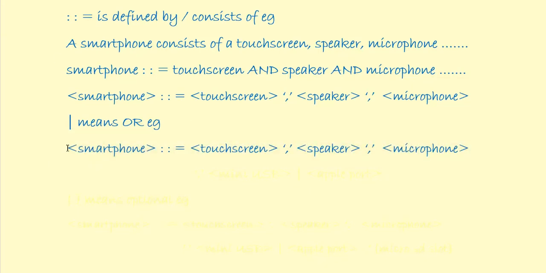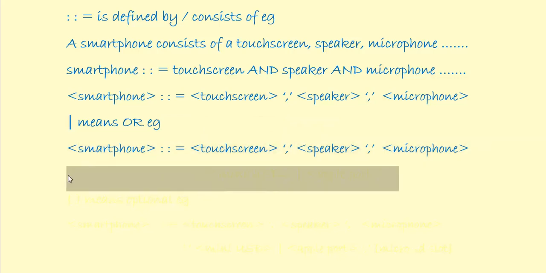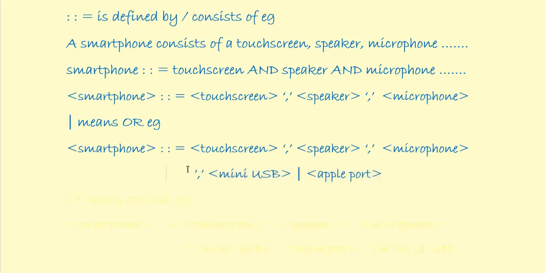So a smartphone element is defined by a touchscreen and a speaker and a microphone, as we know. But a smartphone will also potentially have a mini USB or an Apple port. If it's an iPhone 5, let's say, or an iPhone 6, then it will have an Apple port.